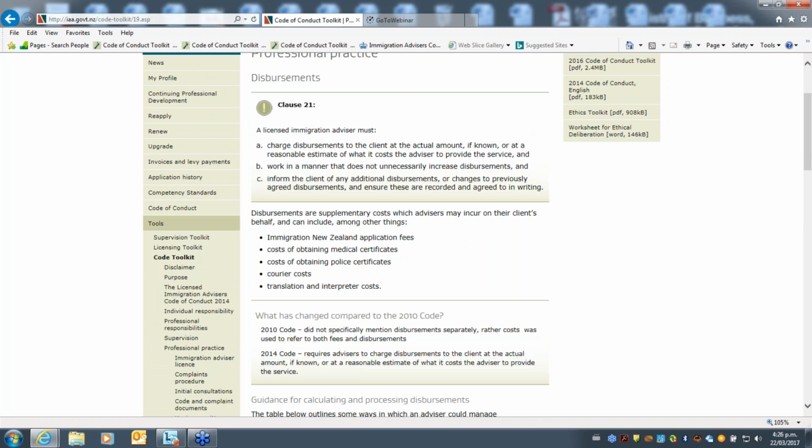But generally, if you can charge the actual cost, then that's definitely the preferred way to go. You need to work in a manner that doesn't unnecessarily increase disbursements, and of course inform the client of any additional disbursements or changes to previously agreed ones to ensure they are ordered and agreed to in writing.